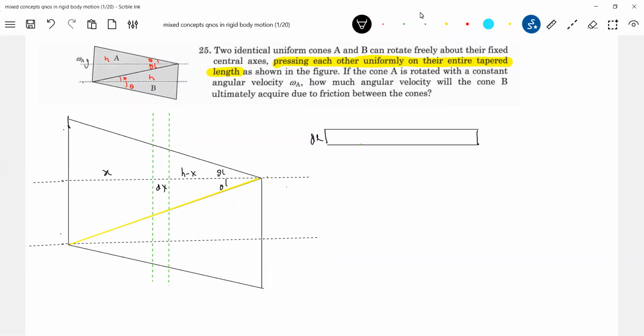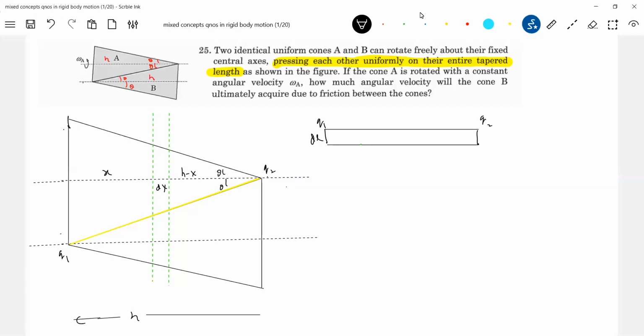Call this dL, that slant element. So we'll do one thing. I need points here: this is A, B, Q1, Q2. That slant length I'm showing. If the height of the cone is h, what can Q1Q2 be?